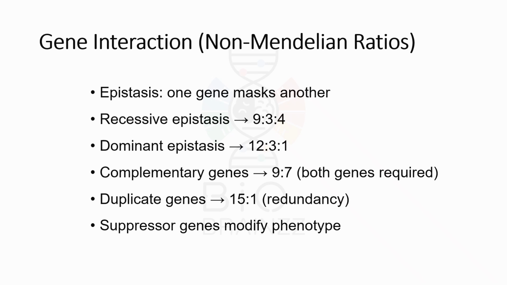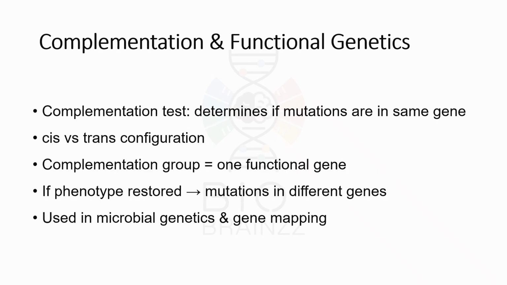Complementary genes produce a 9:7 ratio where both genes are required for expression. Duplicate genes produce a 15:1 ratio due to redundancy. These modified ratios are very important for solving genetic problems.